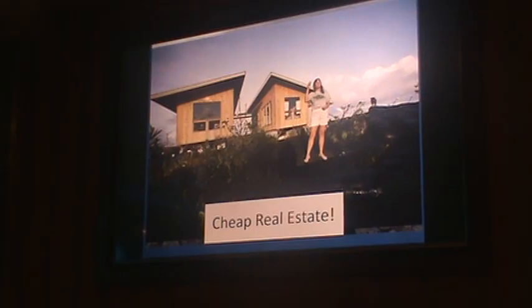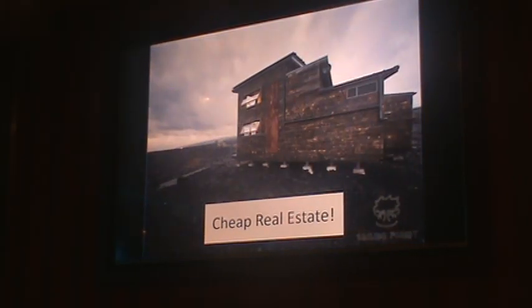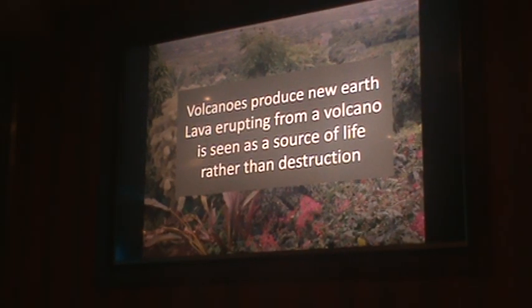It's very quiet because nobody else will buy anything around you. You are the only one. And people do it. And there are some homes right there. And you can even see another one back there. And they're just all self-contained. And you just bring a truck in and you got your water, go on solar, go off the grid, and there you go. Volcanoes produce new earth.